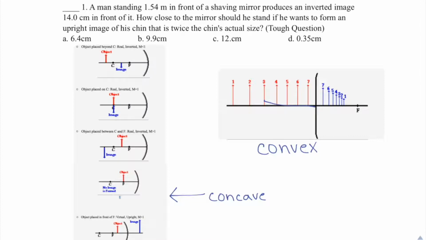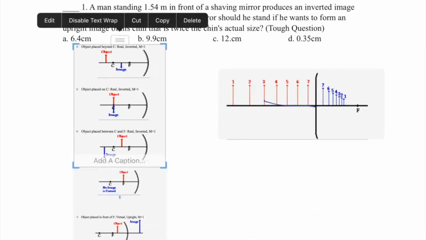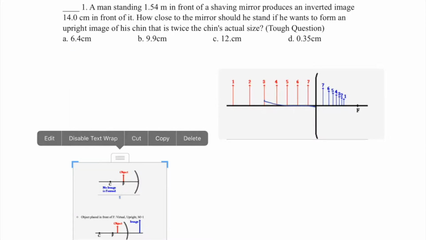So that's just conceptually what we need to understand, that here we're using a convex mirror and not a concave mirror. But let's go ahead and go through the math of this.